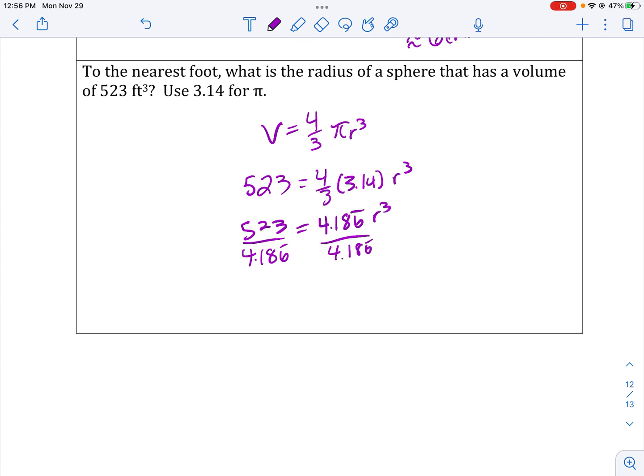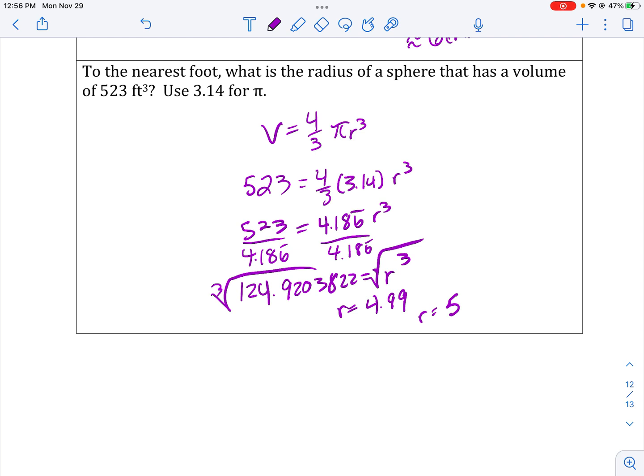So 523 gives me 124.92 r cubed. And again, to undo something cubed, we cube root. And we get the radius to be about 4.99. But I'm going to round it. Oh, it says to the nearest foot. So my radius would be 5 feet.